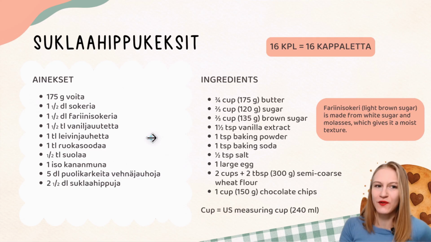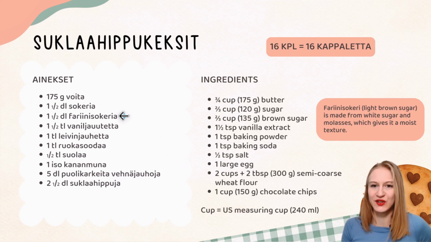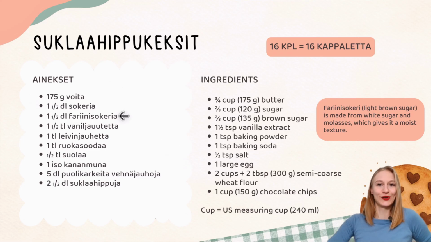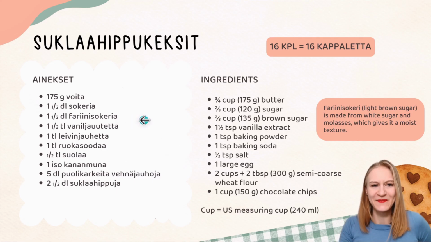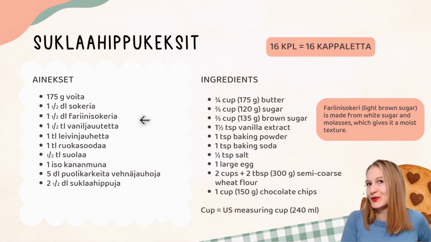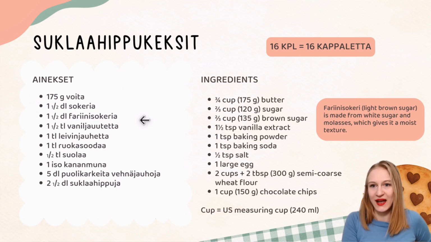When it comes to fariinisokeri, this was actually a little bit difficult for me to translate because I'm not really an expert on sugars. Apparently there are a lot of different types of sugars and I had to look this up. So fariinisokeri is one type of brown sugar, but not all brown sugars are fariinisokeri.